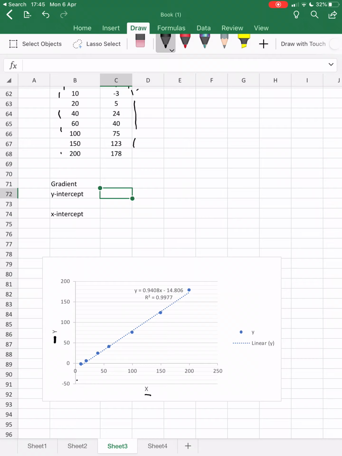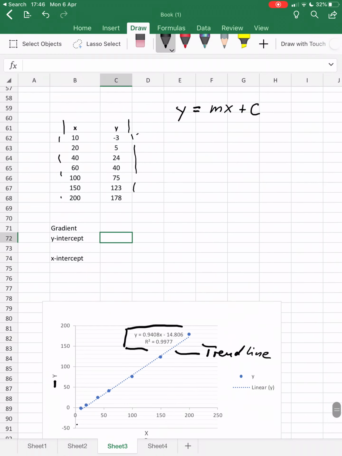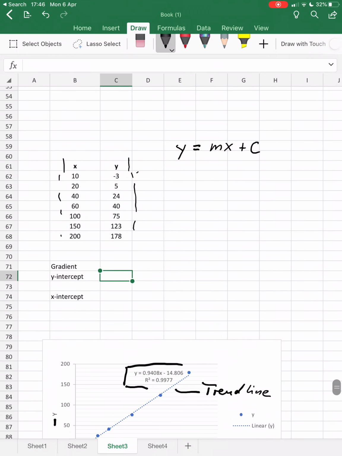We get more or less a straight line of the data when we use the trend line function in Excel, and when we ask for the equation we get our gradient and the y-intercept. So here this would be the gradient, and this one here would be the y-intercept.